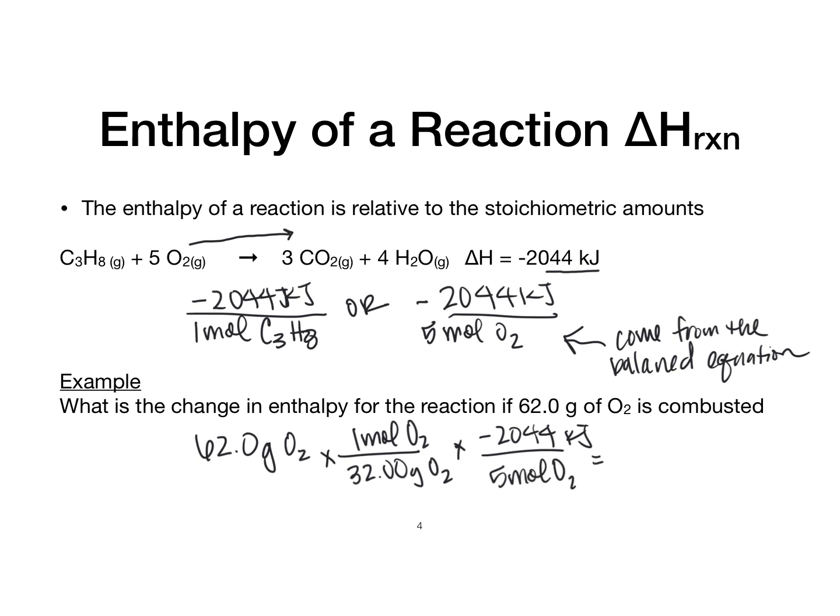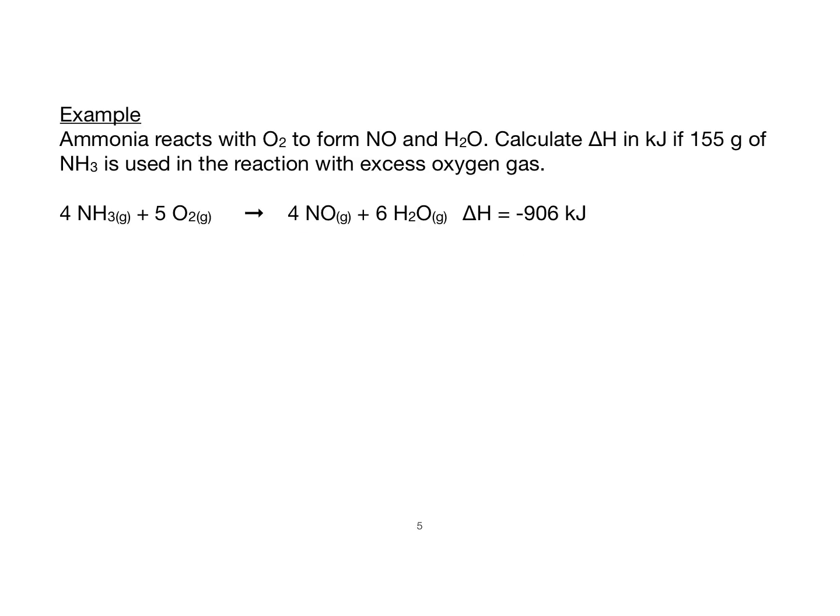So this is going to give us a change in enthalpy of negative 792 kilojoules. Now this is not per mole, this is just standard. So we could do this for any reaction as long as we have a balanced chemical reaction and delta H.